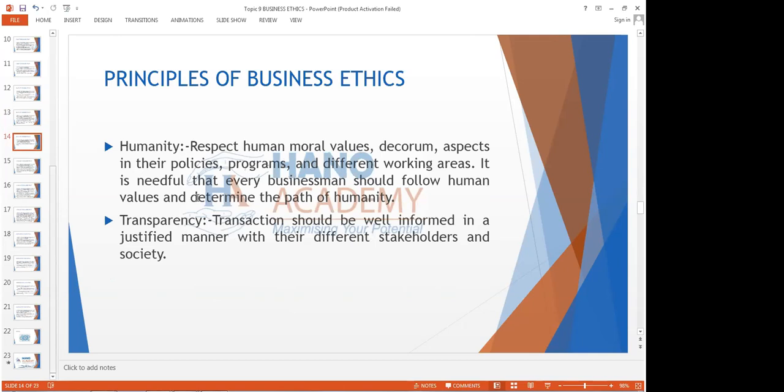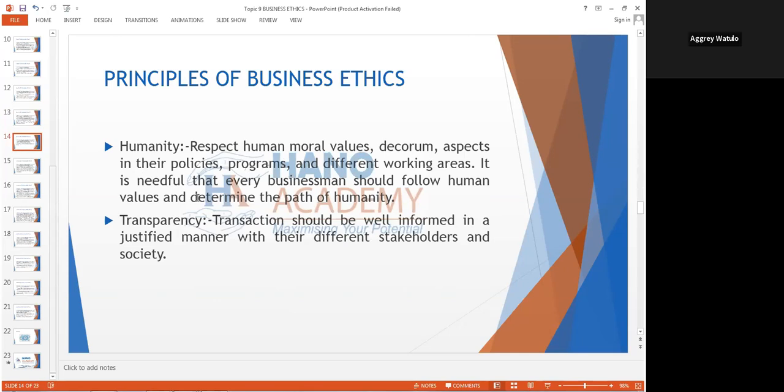And it's therefore needful that every businessman should follow human values and determine the path of humanity. That is very important.